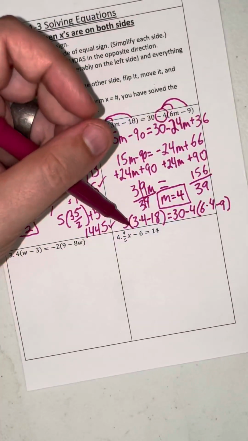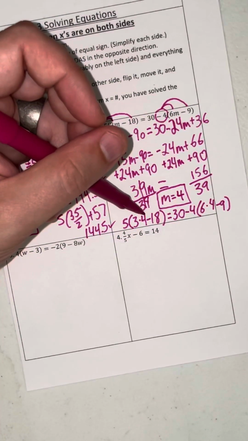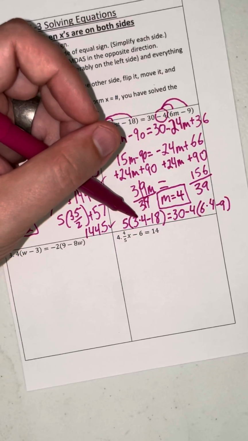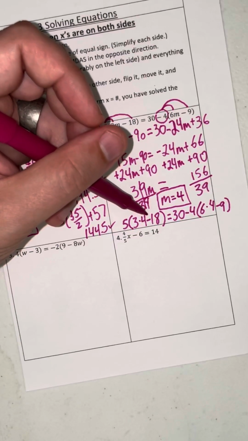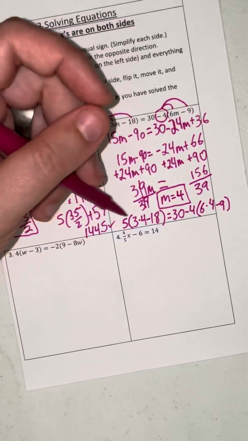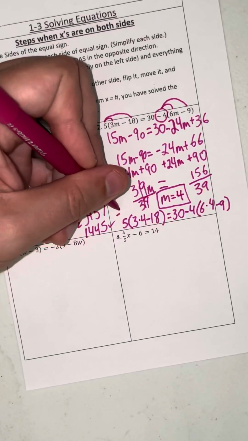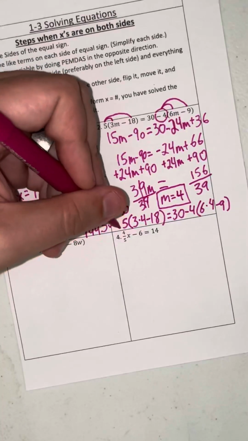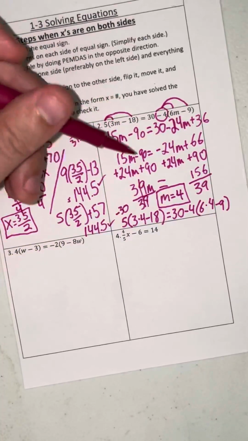And so as we work it out, we get 3 times 4 here, gives me 12, minus 18 gives me a negative 6, and negative 6 times 5 gives me a negative 30. So this left side is going to be negative 30.